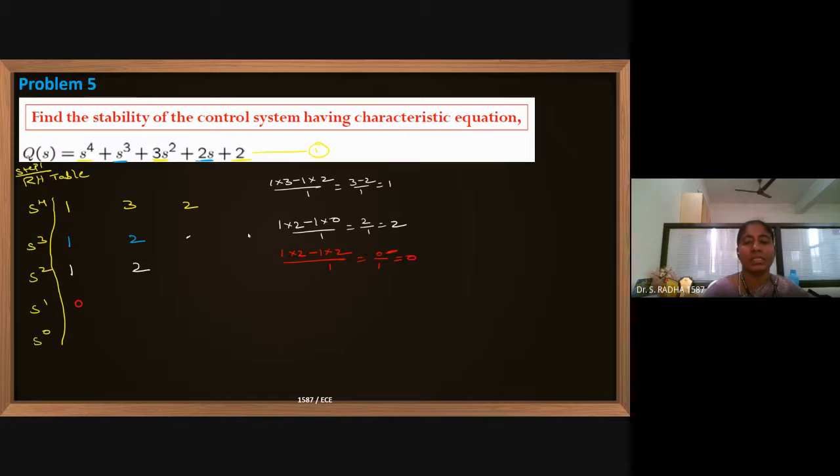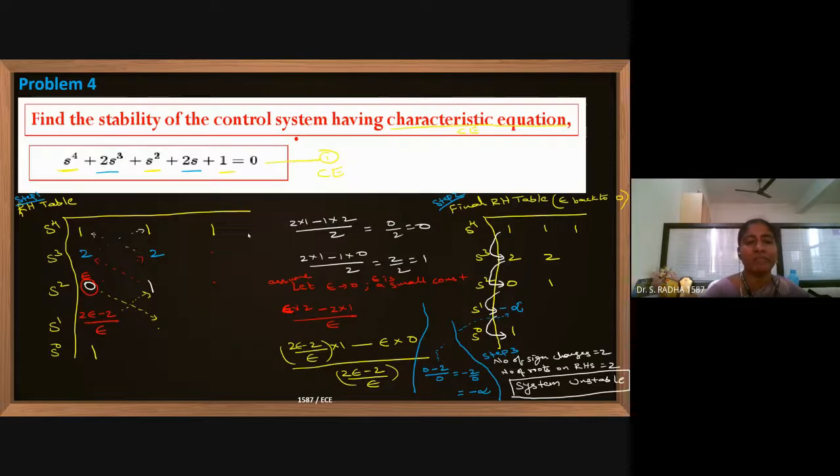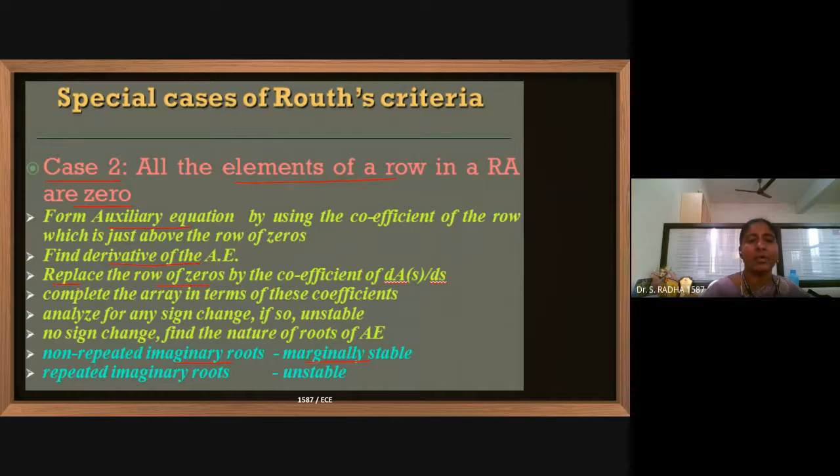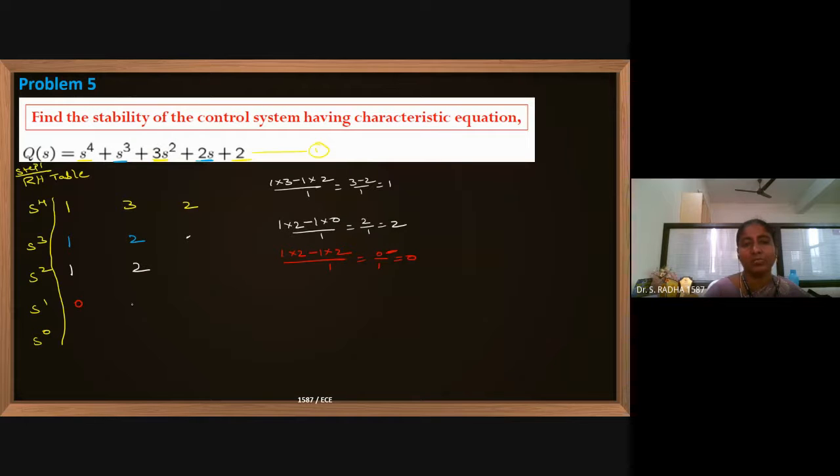In the previous case, there were further elements and only the first element was 0. That is a different case. Here only one element is in the row and no further elements are possible, so this is called a row of zeros.